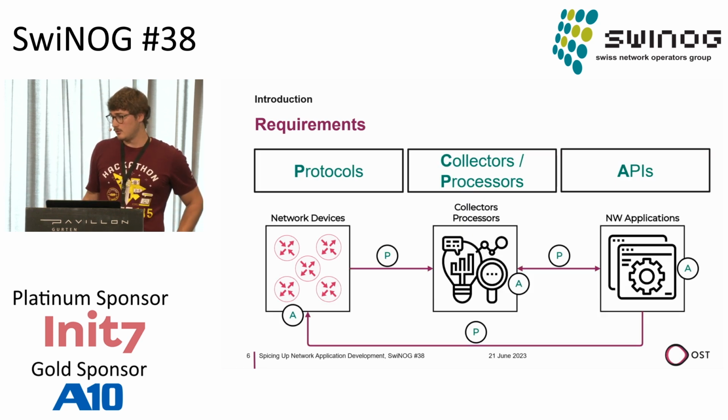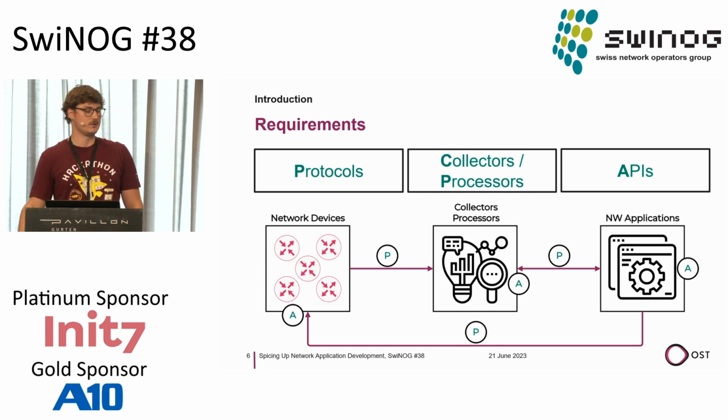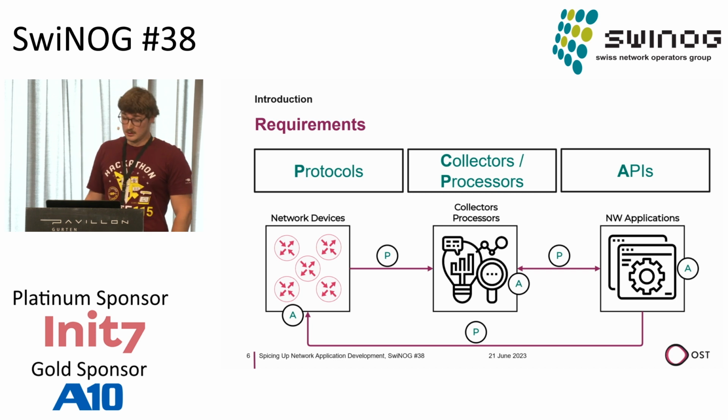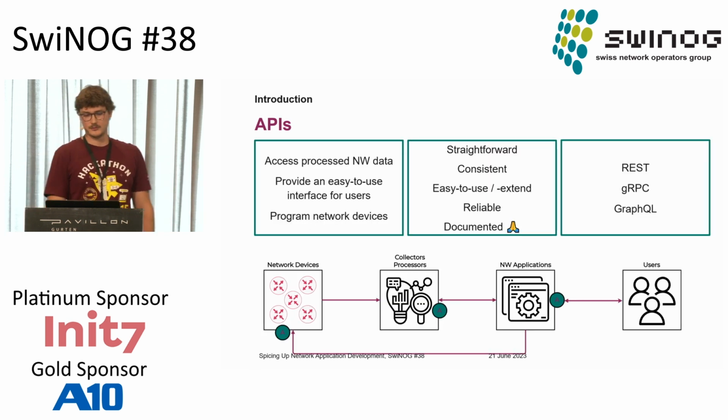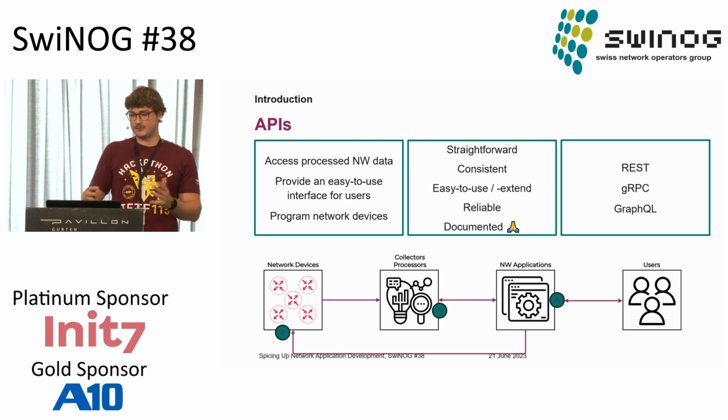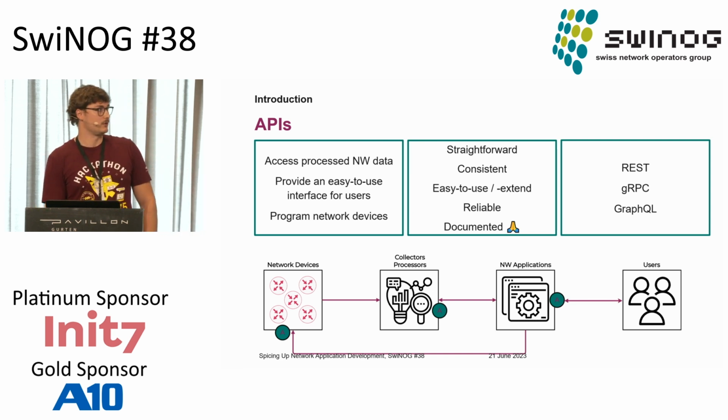Of course we have to have protocols so that we can enable data communication between the entities. We have to have the right collectors and processors to collect the data and process them. And of course we have to have the correct APIs. So let's talk about APIs. We have different APIs at different entities.